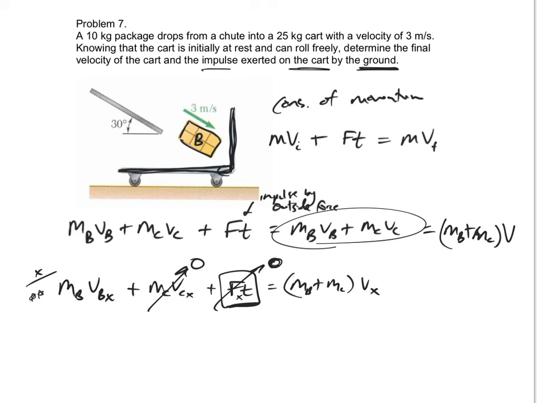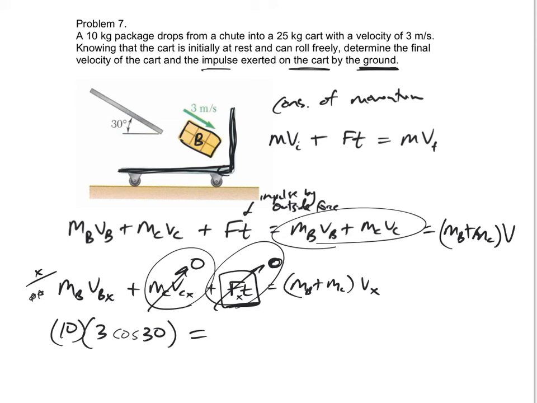There is no outside force creating an impulse on my system in the x direction. So let me plug in everything I have. The mass of B is a 10 kilogram package. The velocity of B in the x direction would be 3 cosine 30. So that would be the m times v. This term is 0, this term is 0.